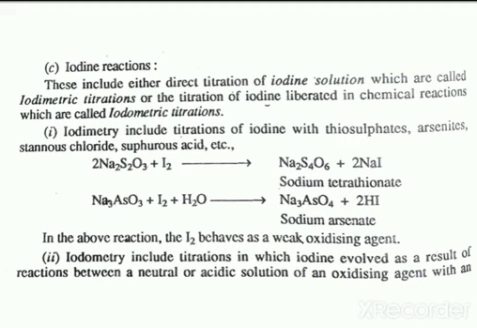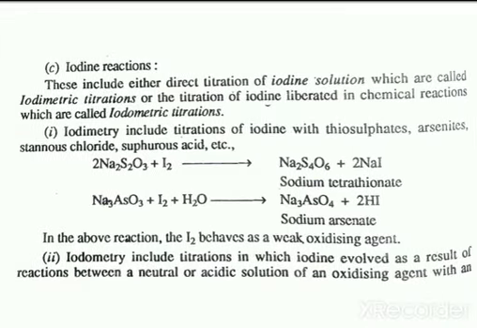Iodimetric titration is also called direct titration of iodine solution, and iodometric titration is the titration of iodine liberated in chemical reactions. Here I have given an example.